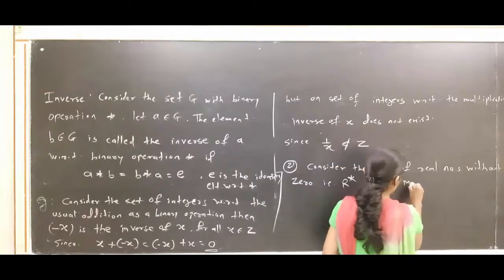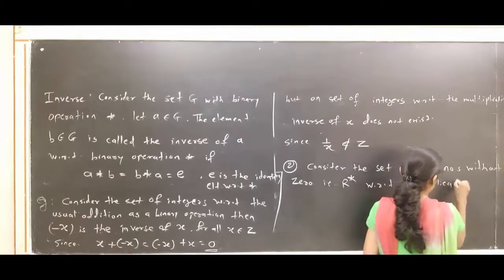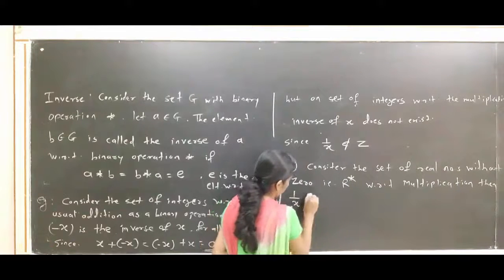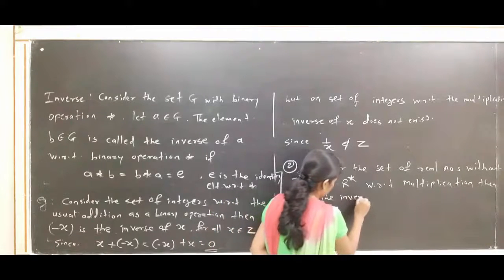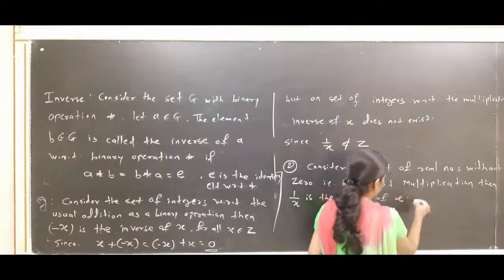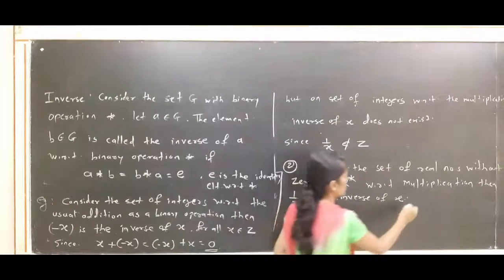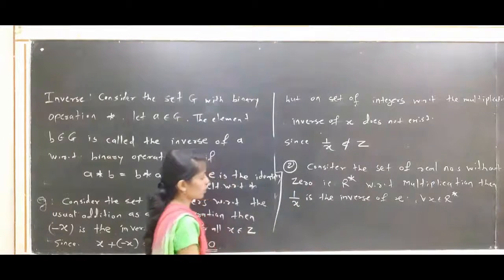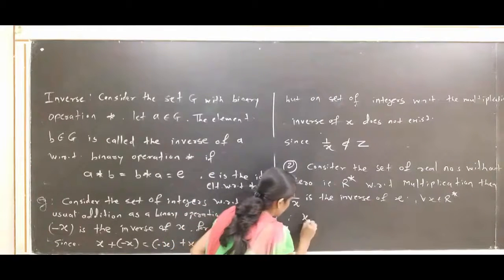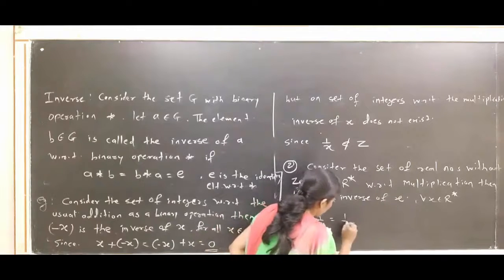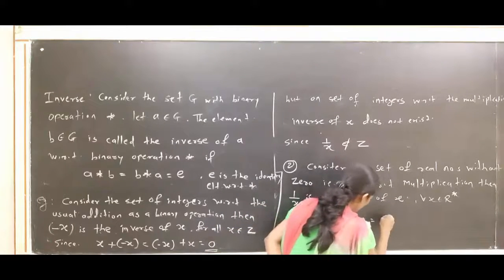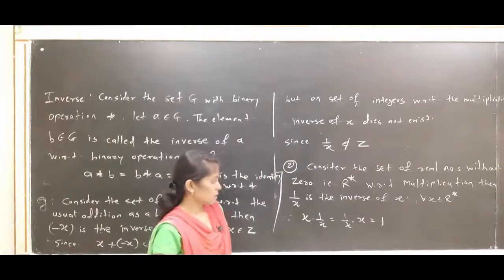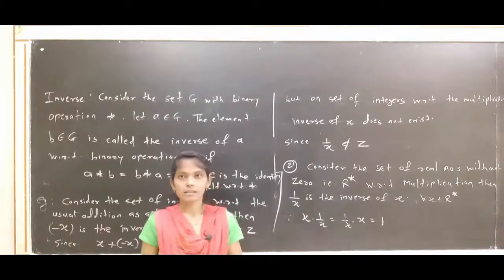With respect to multiplication, then 1 by x is the inverse of x. 1 by x is the inverse of x for all x belongs to the set of real numbers without 0. Okay, since x into 1 by x is equals to 1 by x into x is equals to 1. Here 1 is the identity element with respect to operation multiplication. Get it? So 1 by x is the inverse.